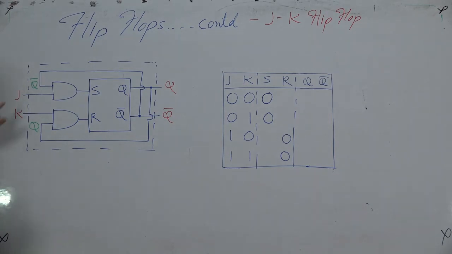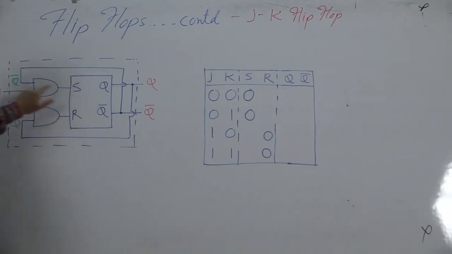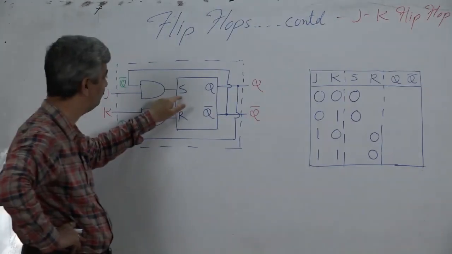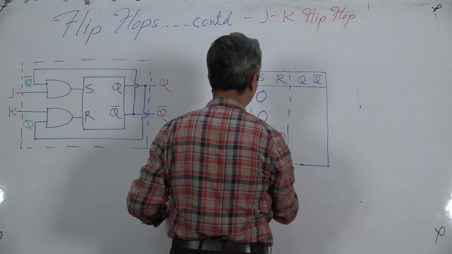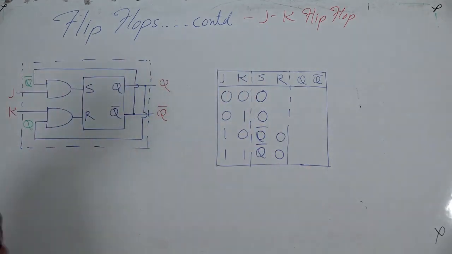Now, when J is equal to 1, what will happen? When J is equal to 1, the output of the AND gate depends on the other input. So when J is equal to 1, what should I write in case of S? When J is equal to 1, that time S would be Q bar. So I write Q bar here.